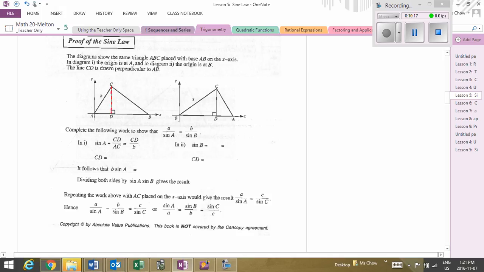So sine A is going to be opposite, so length CD, over AC, or that hypotenuse. So we have sine A is equal to CD, which is our height, over b. So to find CD, then we know that it is going to be equal to b sine A.